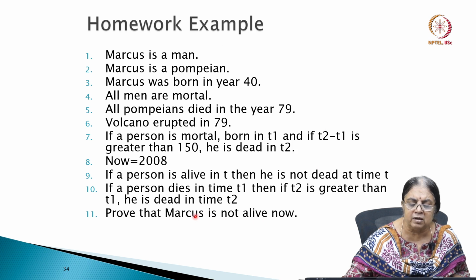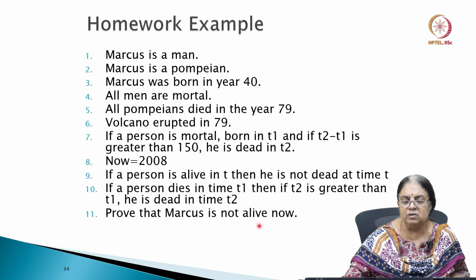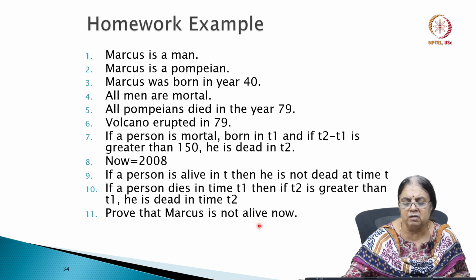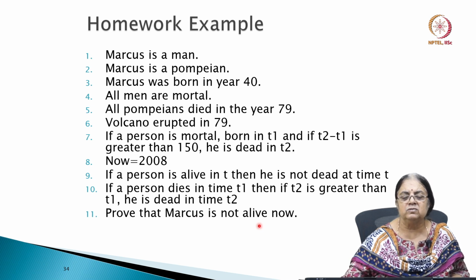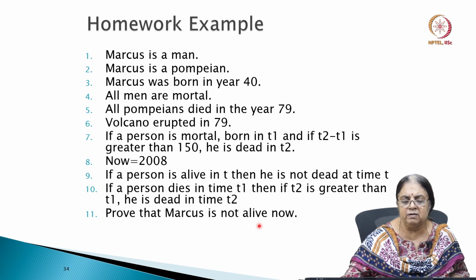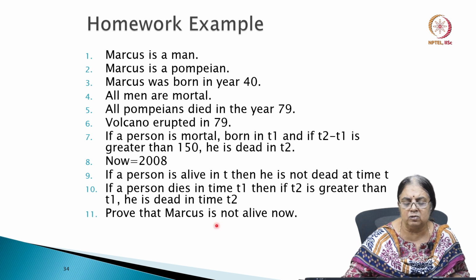You can take alive Marcus now and add it into your knowledge base and try to show that Marcus is not alive now. This I am just giving as an example which can be tried out by anyone who wants to do it.